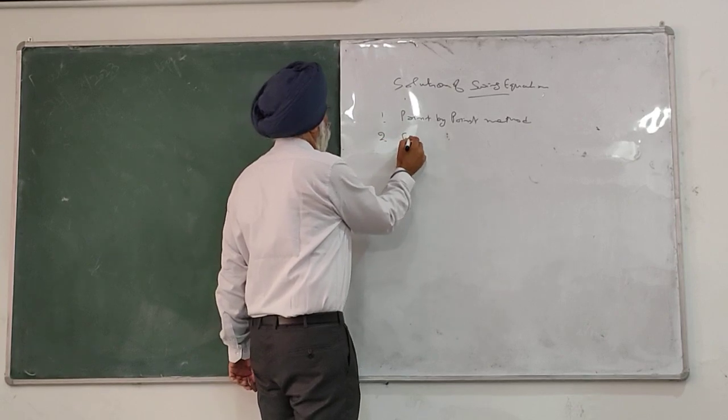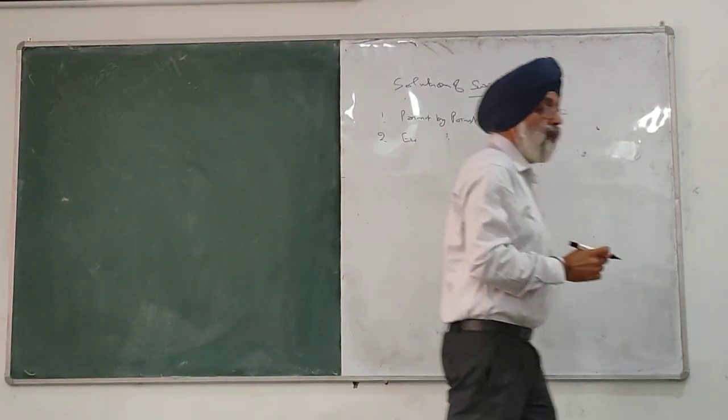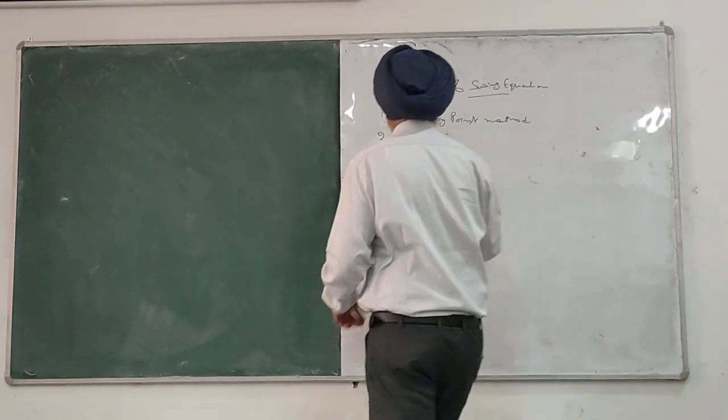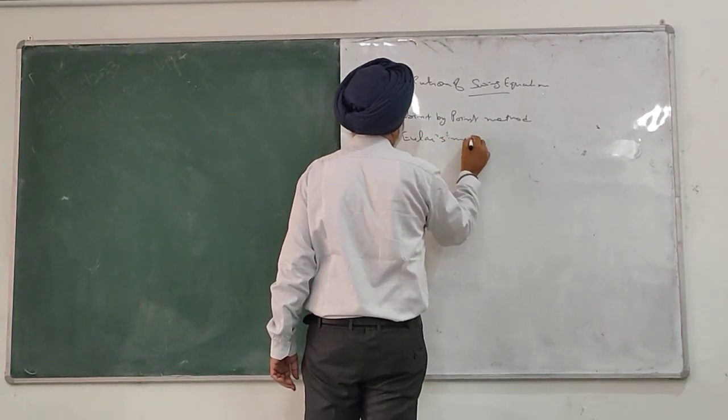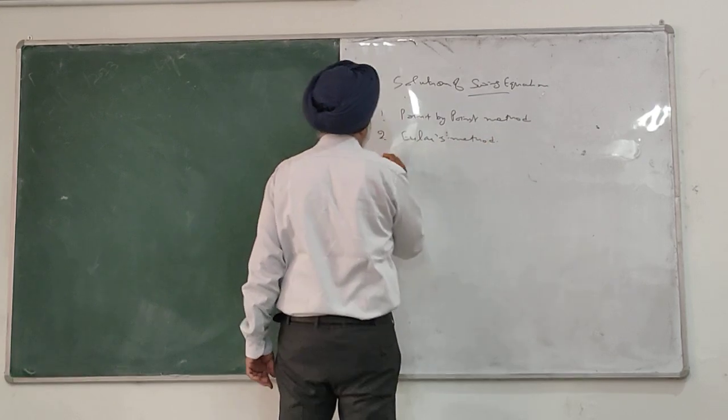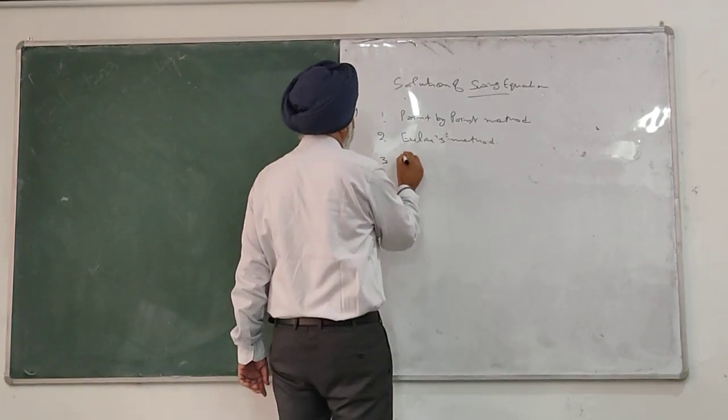Second is Euler's method. Third is Runge-Kutta method.